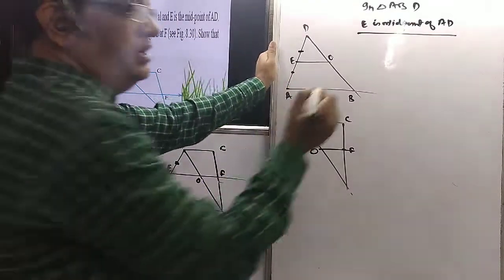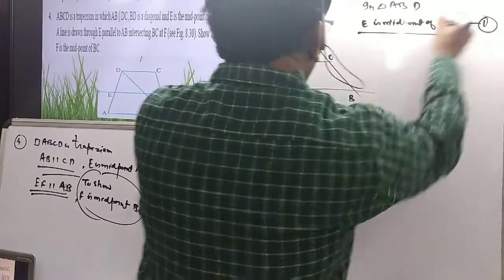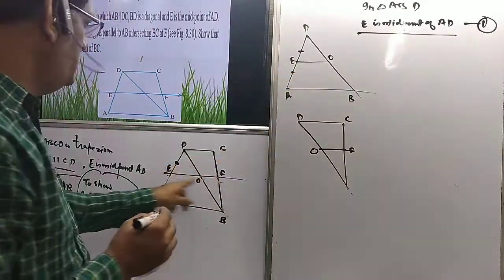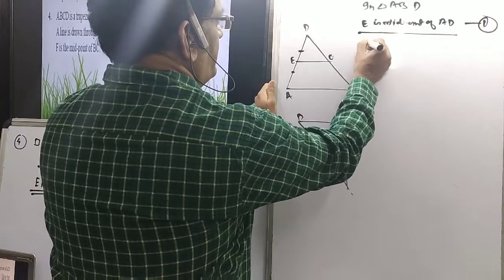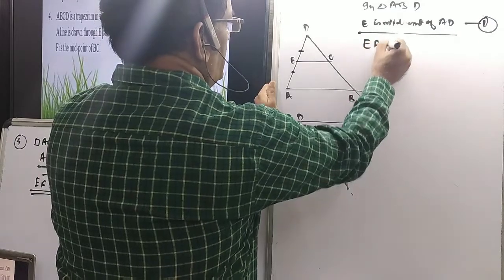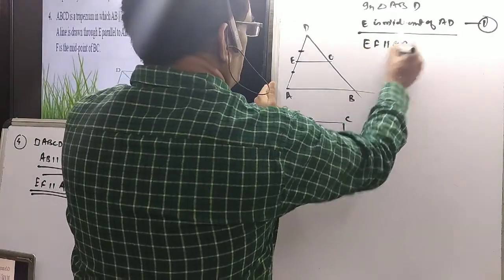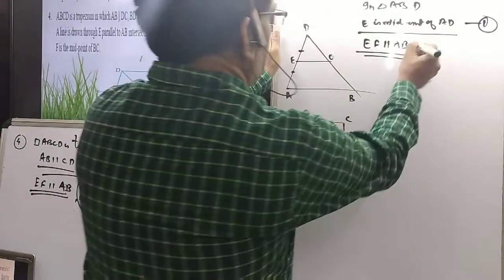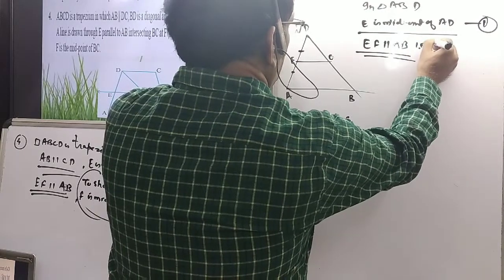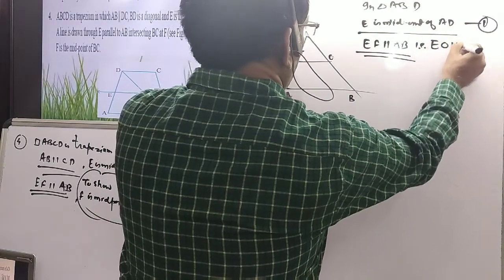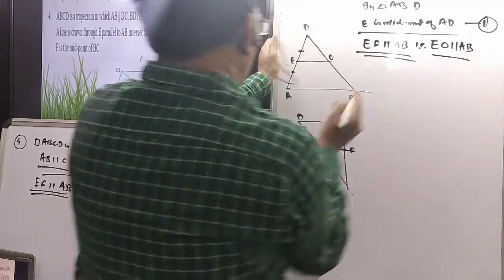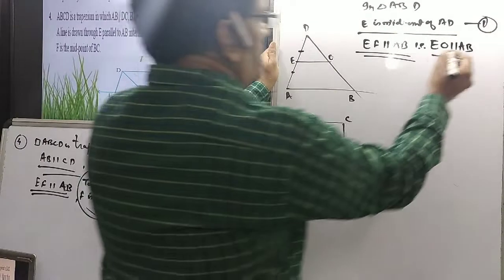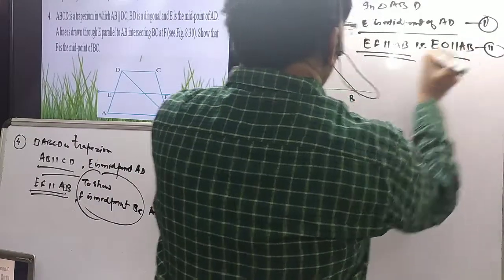That is given. Let us say this is statement number 1. And the second thing given is that EF is parallel to AB. EF parallel to AB means EO is parallel to AB, because EO is part of EF.